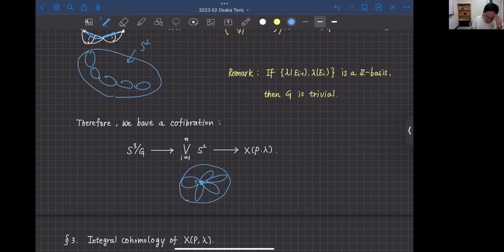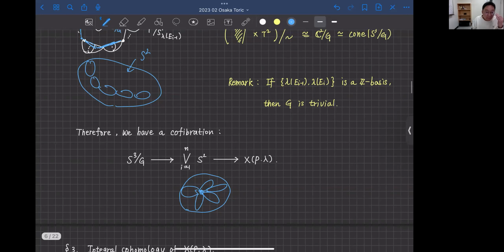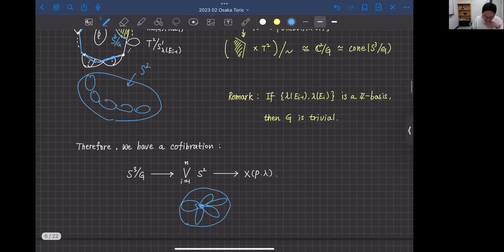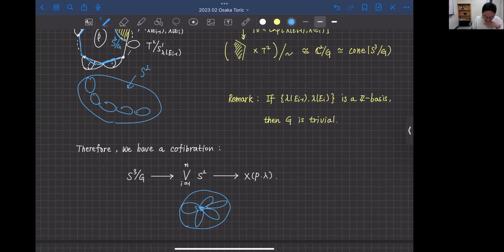If the two spheres are disjoint, then they have no intersection. I wonder why the u_i cup product u_j is nonzero. Right, it's not like some intersection in algebraic geometry. The cup product is not the intersection of two submanifolds.